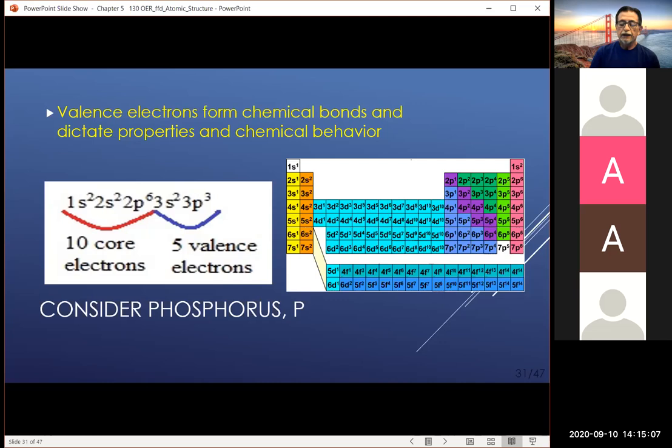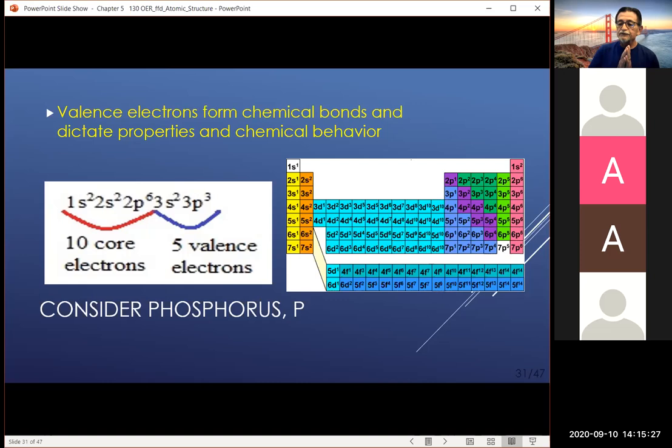3. Exactly, 3. By gaining 3 electrons, guess what? The valence shell now becomes 3s2, 3p6, okay? Which means the magic octet has been fulfilled.